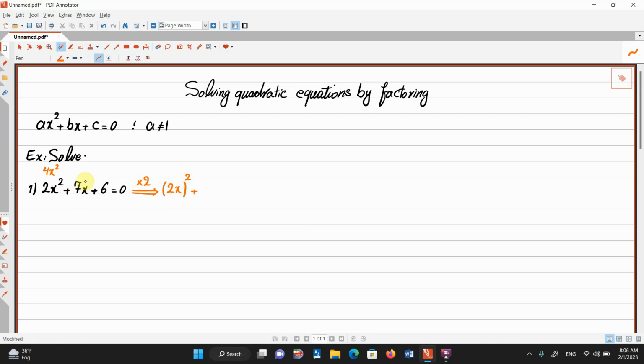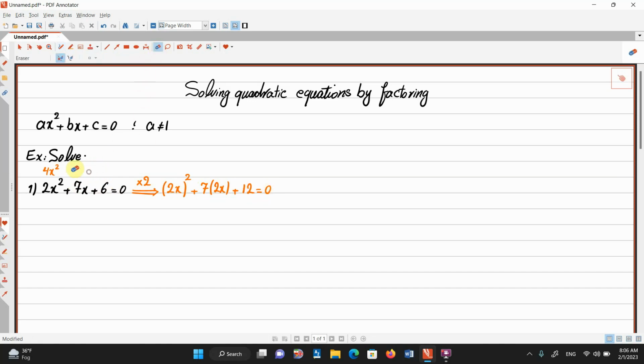If you multiply the second term by 2, that will be 14x. But this 14x is better written in the form of 7 times 2x, because I'm going to have 2 inside this parenthesis here. Plus, multiplying the third term by the leading coefficient results in 12 equals 0.